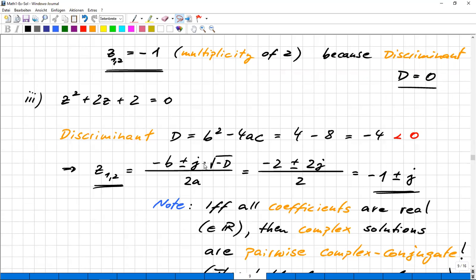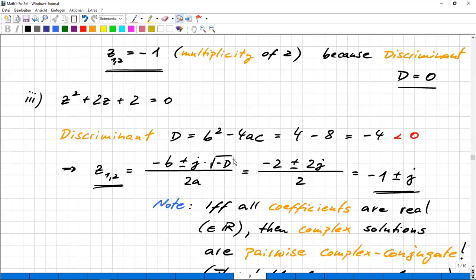So here the point is, as soon as I know that the discriminant is a negative real number, the only way to take the square root is to first remove the minus sign. So if I write minus d inside, in this case it means minus 4, which is positive 4, so it's no problem to take the square root of 4.